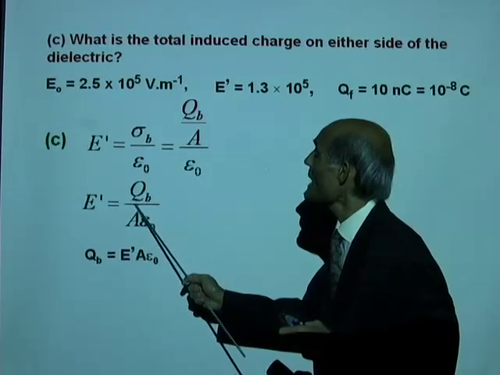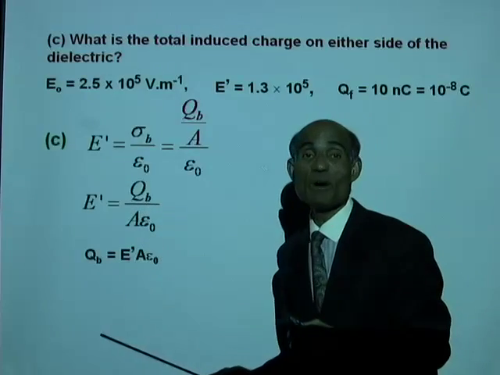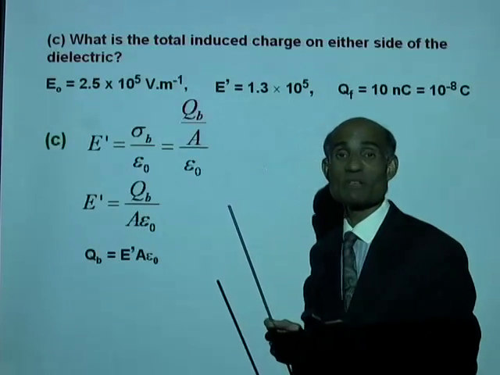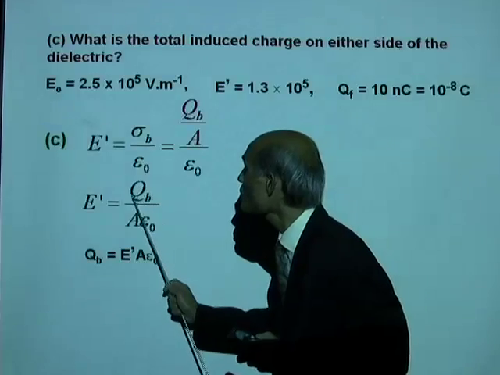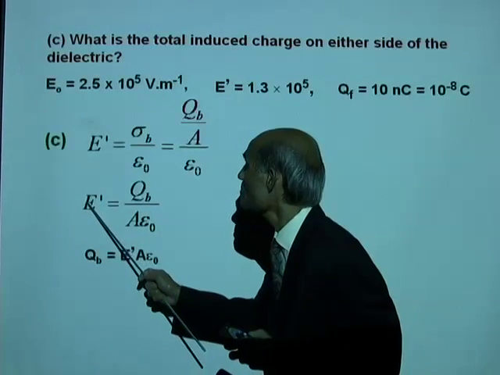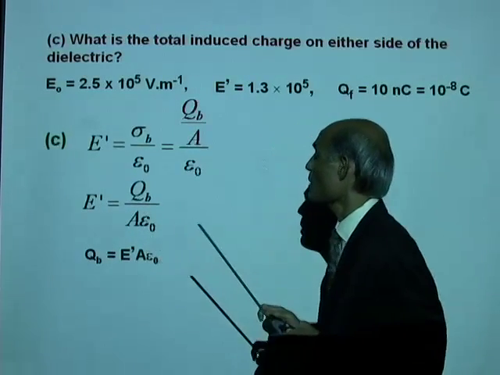And do we know A? Yes, we know A. We calculated that in the previous slide. Now therefore QB equal to E prime A epsilon naught.